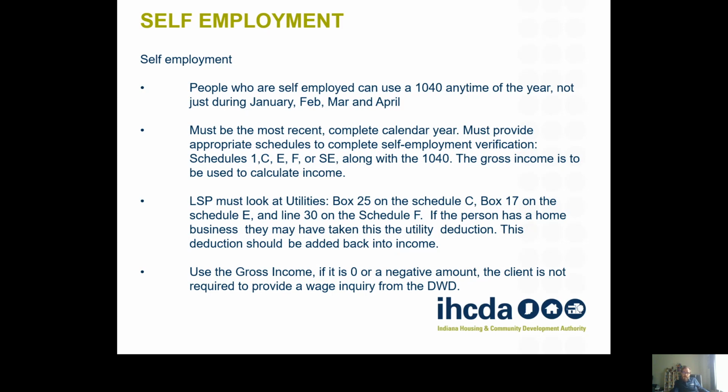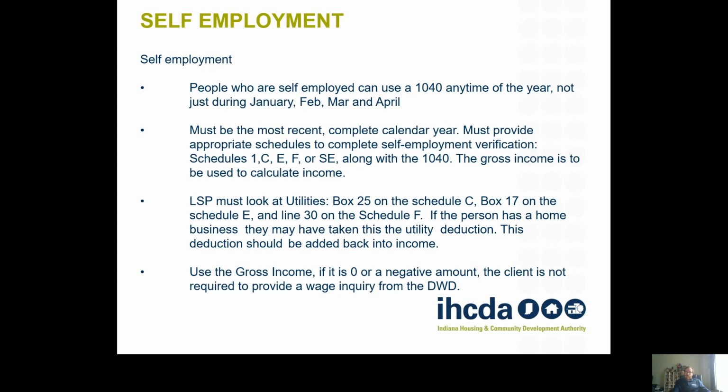We must also look at the utilities box on Schedule C, which may or may not still be box 25 on Schedule C, or box 17 on Schedule E, and also line 30 on Schedule F. Again, I will give out more specific guidance once I see the new forms. If the person has a home business, they may have taken this utility deduction, and the deduction should be added back into the income so that the person is not getting two federal benefits on the same utility.